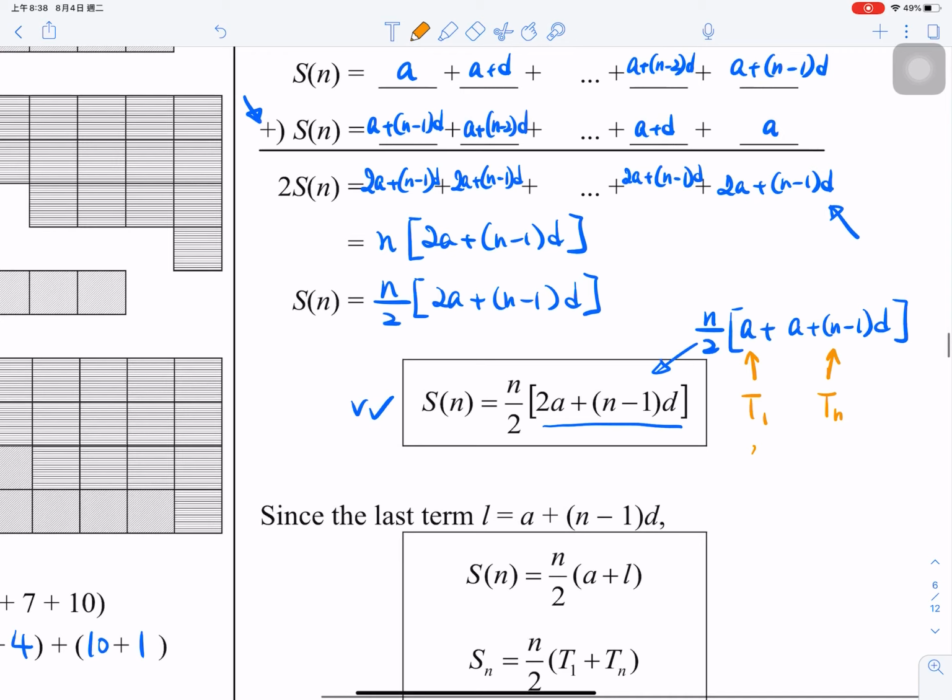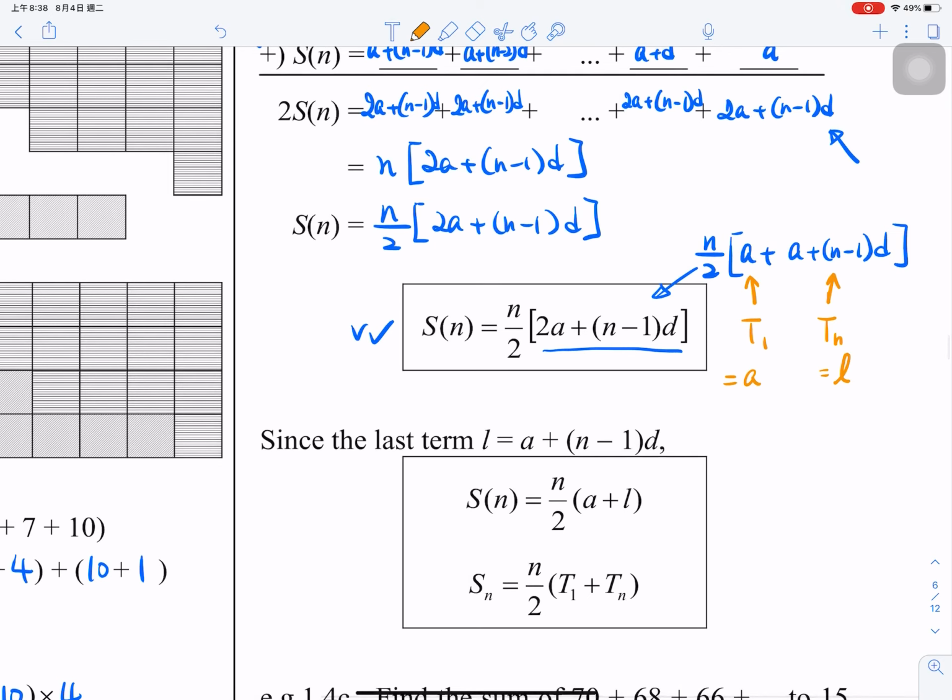Sometimes we write the last term as L. So you found that Sn can also be written like this: Sn equals n over 2 times the first term plus the last term.